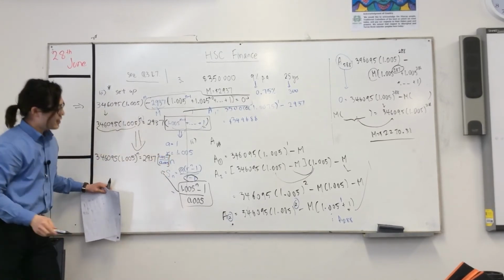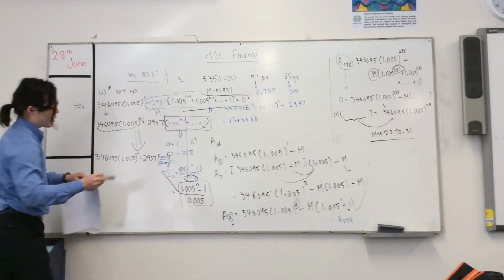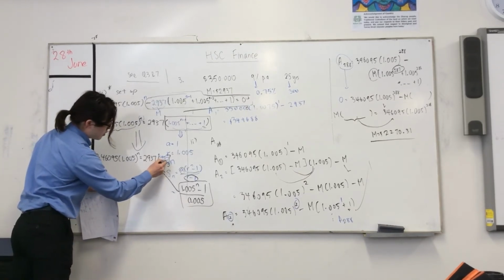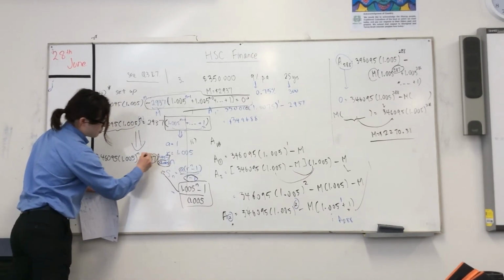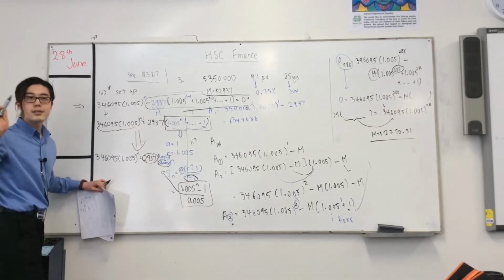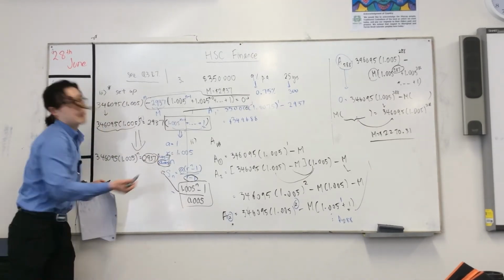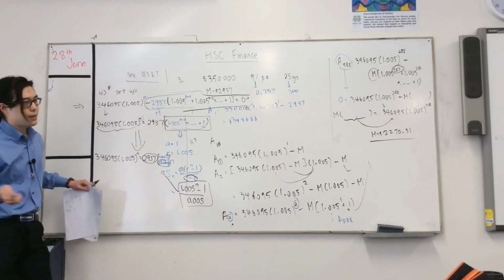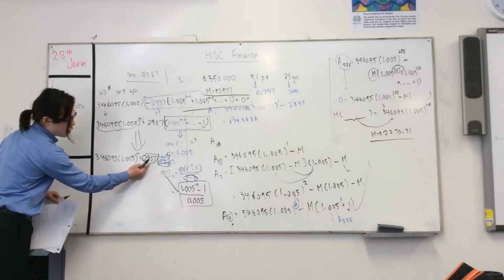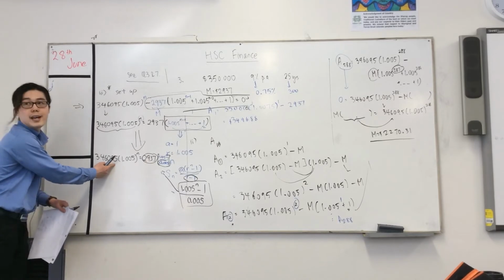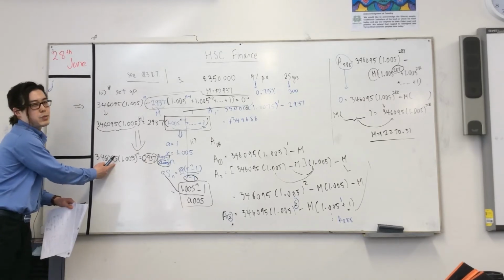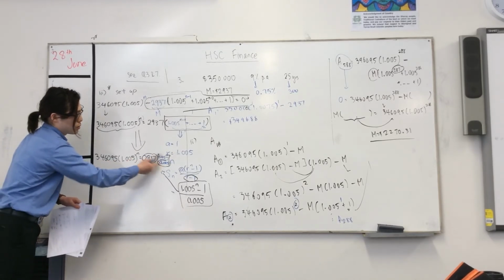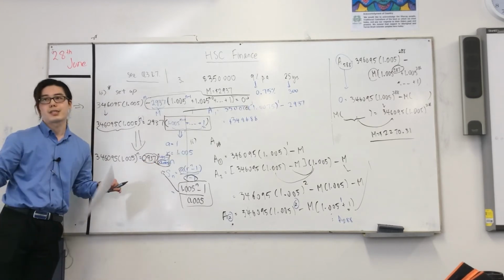The reason I want to show you that, girls, is because now you want to simplify these two. Here, 2937 divided by 0.005. Now, here's a mistake that I made, though, or it's not a mistake, but it's not convenient for your working out. Do not do 2937 divided under that. I did that and made all sorts of mistakes. It's a lot more convenient to work out these two on the same side.